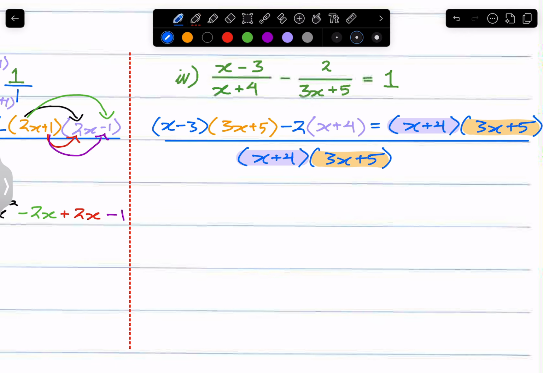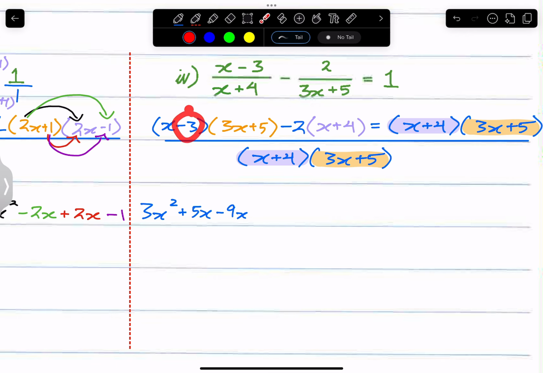So here we go. X times 3x is 3x squared. X times 5 is positive 5x. Negative 3 times 3x is negative 9x. And negative 3 times 5 is plus 15.